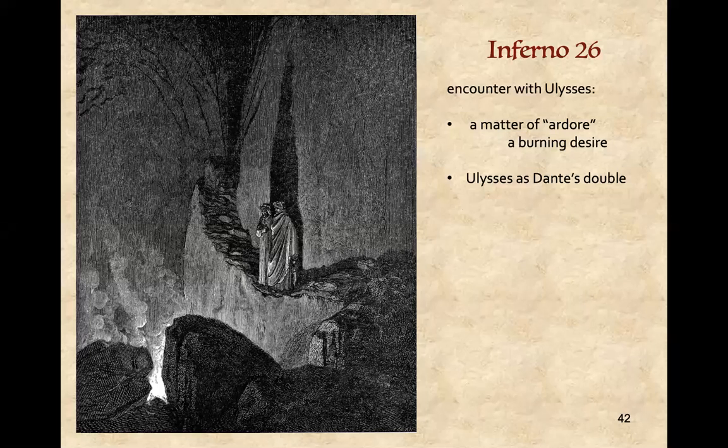So all that Dante knew was that Ulysses had traveled extensively through the Mediterranean after the end of the war of Troy. He had no knowledge of the narrative that he went back to Ithaca.